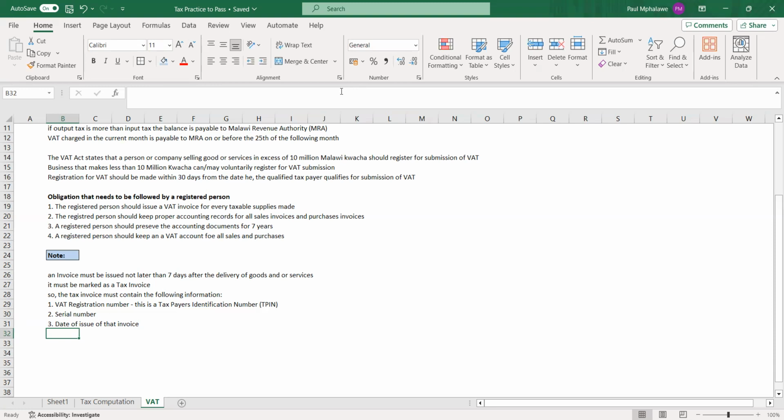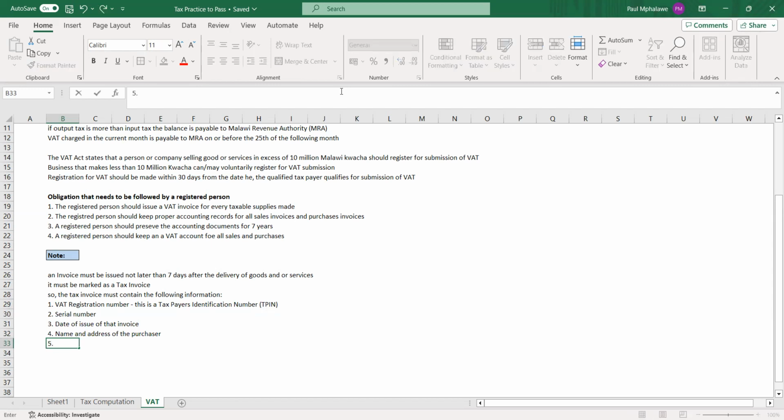It is a must also to note that a tax invoice should have name and address of the purchaser. That's number four. Name and address of the purchaser, or the person who purchases goods and services from your company.